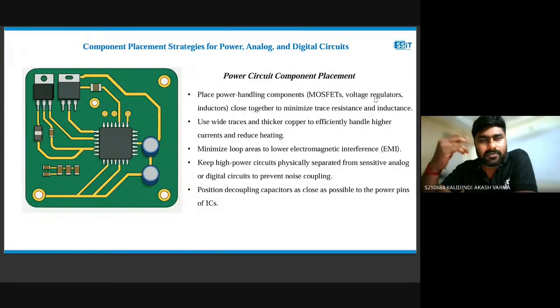If the input is 12 volts and there is a 5 volt regulator, when the conversion from 12 volts to 5 volts is taking place, heat will be produced. That heat will create noise. So in a PCB, we need to place all the power related modules as a separate module, or else we can keep them as far as possible from both analog and digital circuitry, to reduce the resistance and inductance.